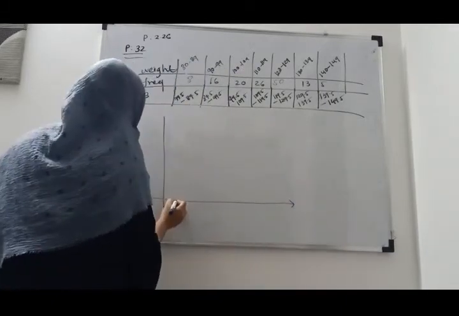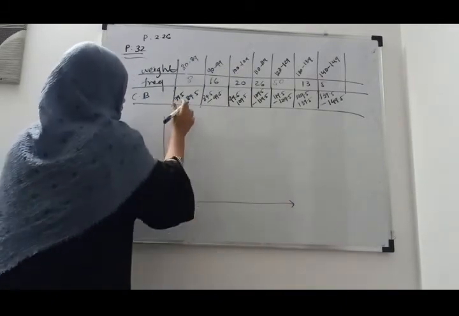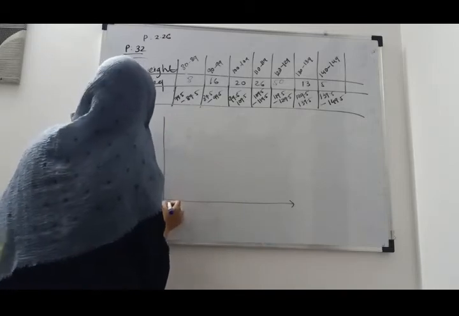So on the x-axis we will take the classes. The first class is 79.5.